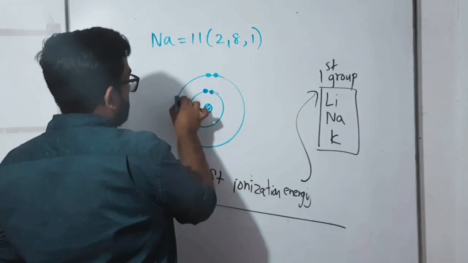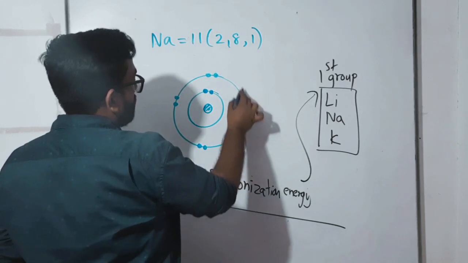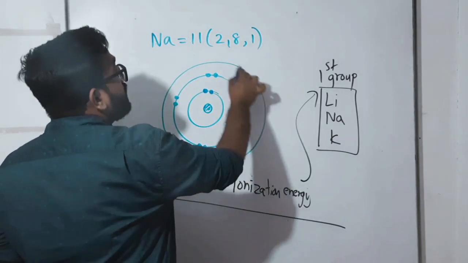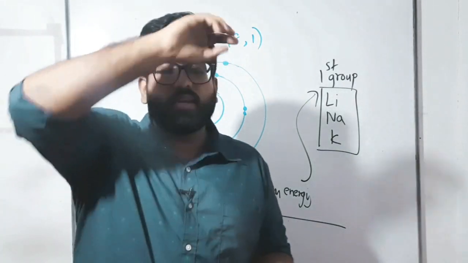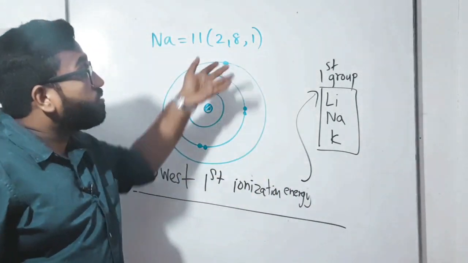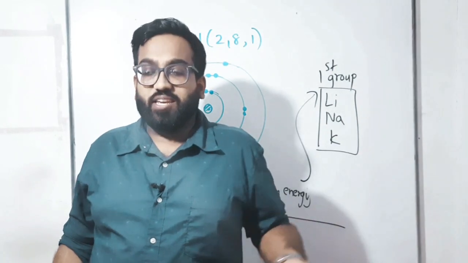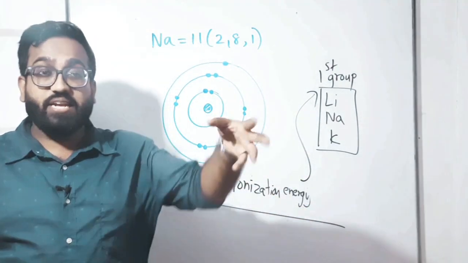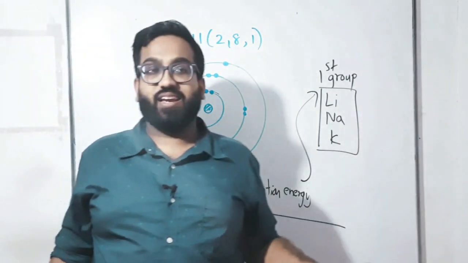It contains 8 electrons. And this is the third energy level. It contains how many? 1. In the third energy level we can put how many electrons? 8. Now how many electrons are present? Only 1. In this kind of situation, see here, you have a gang in school, right? An 8 student gang. Now you are alone today, right?